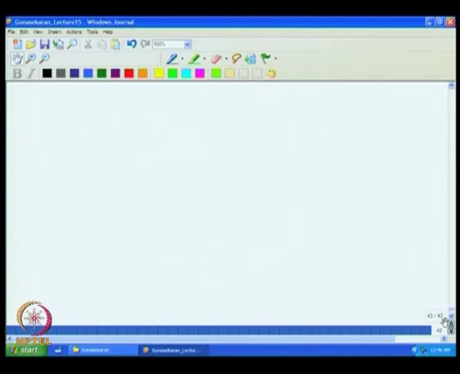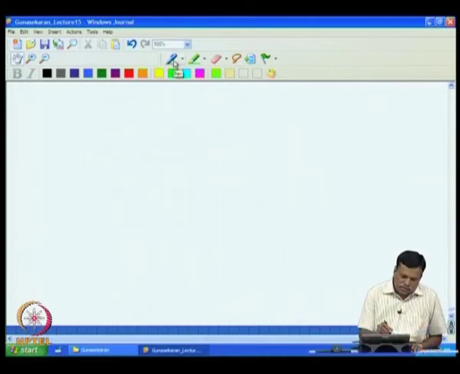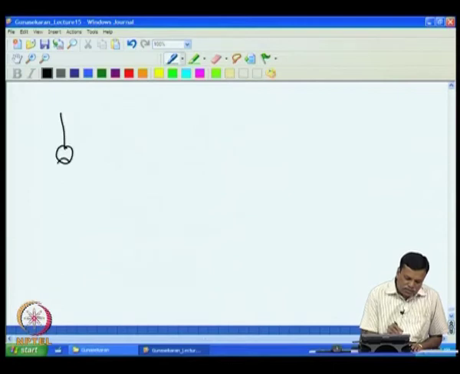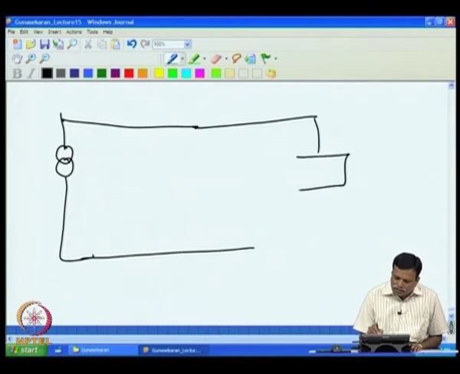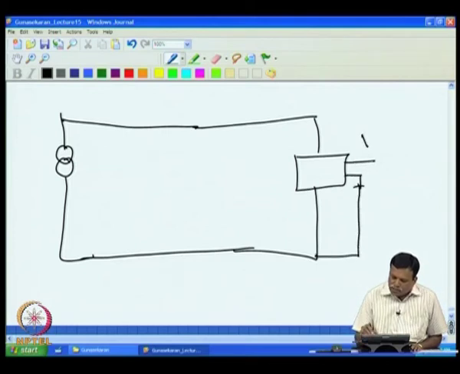So, if I have a constant current source, this constant current source is transmitted over a long distance, and at the receiving end we will have an instrument. That instrument should produce an output voltage with respect to this ground. This V0 should be kept constant.